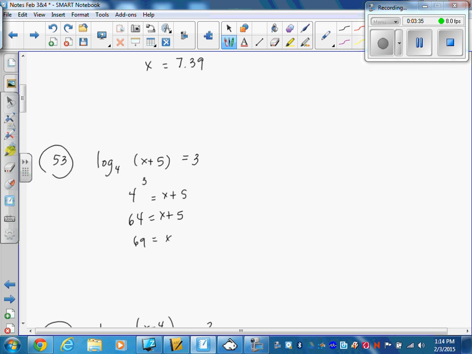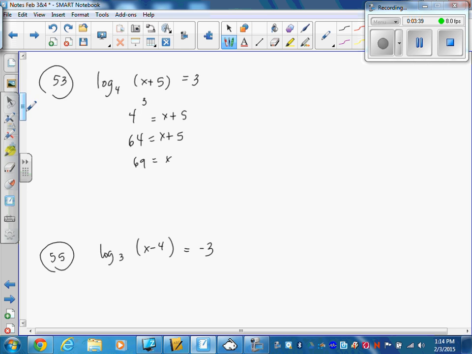Not too bad for that one, huh? Oh, that was supposed to be subtracting. So subtracting 5 from both sides, and we get 59 for that one, not 69.